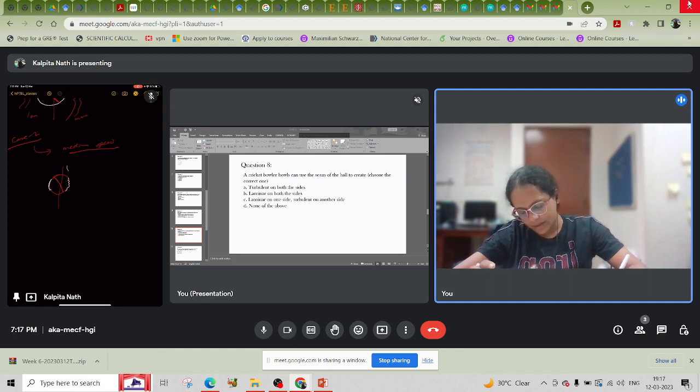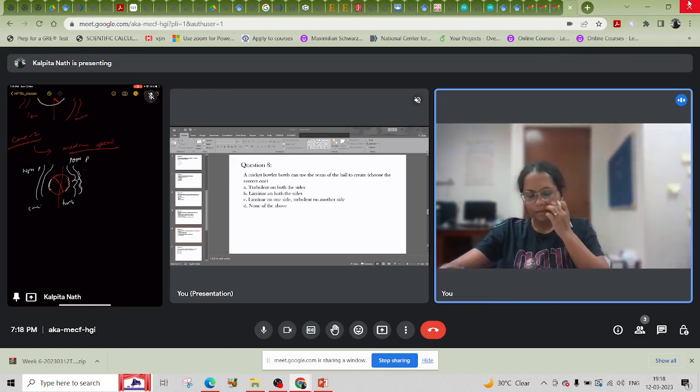The speed will be less, so here it will be laminar flow, and here it will be turbulent flow. So this is turbulent, this is laminar. So it is low pressure, it is high pressure, it is low pressure.